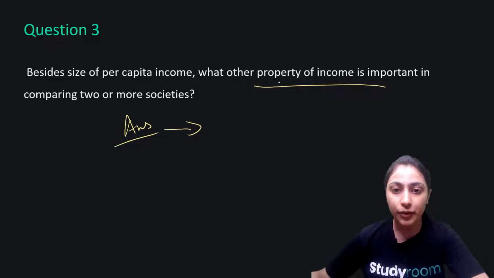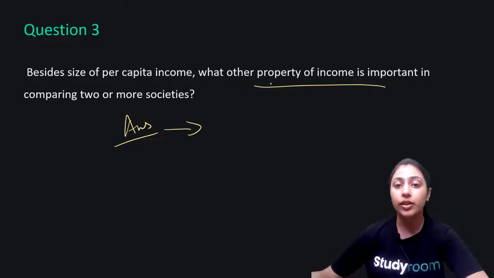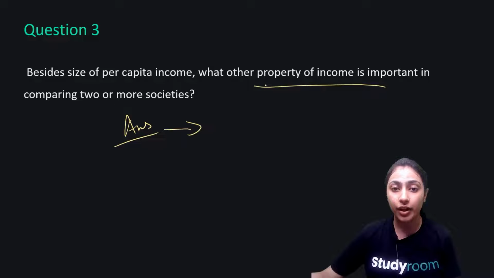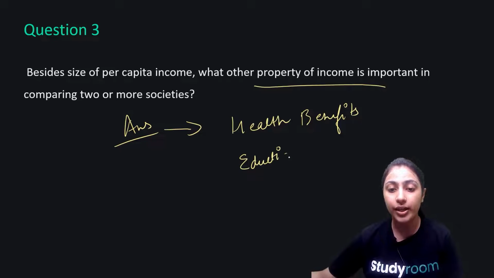So apart from income, in order to see if a country is developed or underdeveloped, the things that can be included are health: is everyone provided with proper health benefits? Is every kid in every household being educated?